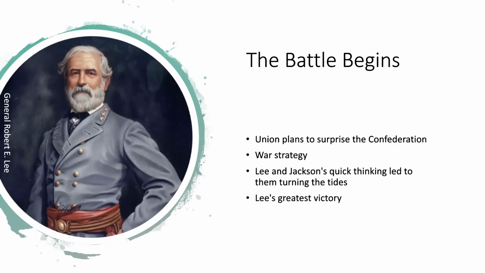Once the fighting started on May 1st, the Federals retired back to Chancellorsville. Once Lee realized what was going on, he thought on his feet and he decided to cut his army in half. Jubal Early led 10,000 of Lee's men to hold the fort while he met with Hooker's frontal assault.